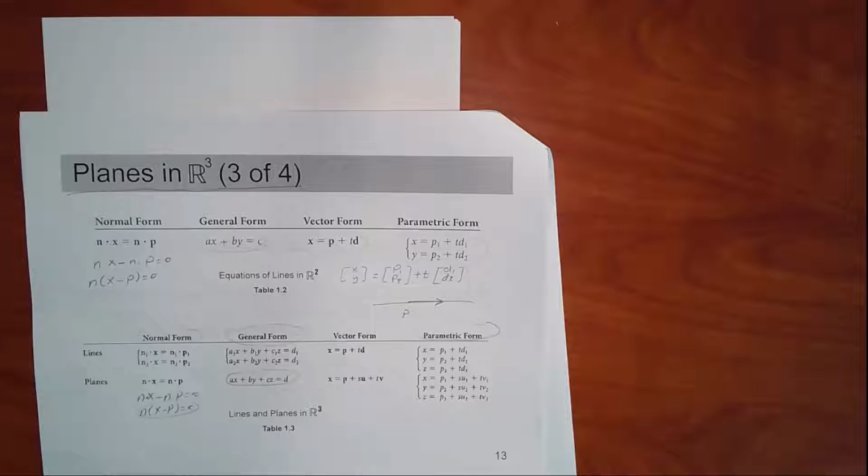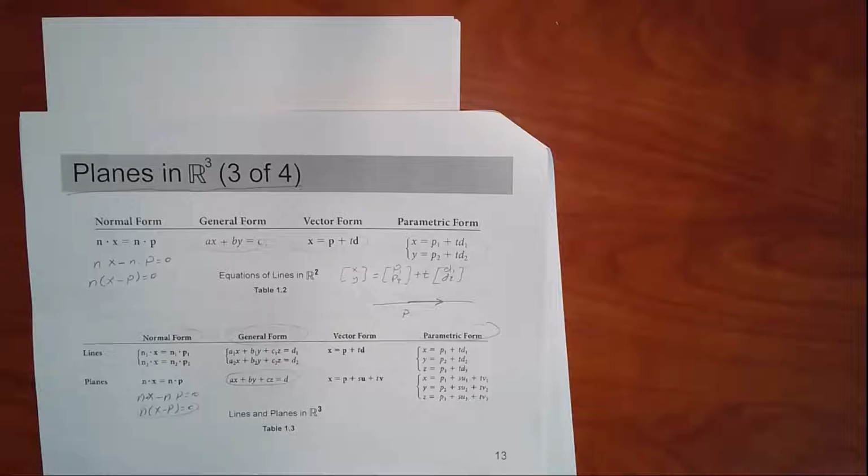So I'm going to put down P, which is the point 1, 0. And D is going to be -1, 8. So this is the vector form.